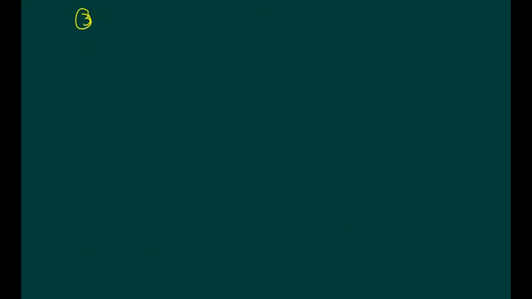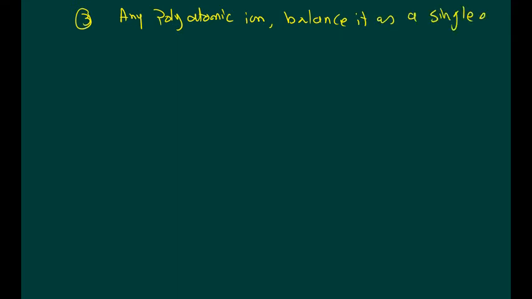Third, balance as single units any polyatomic ions that appear on both sides. So any polyatomic ion, balance it as a single unit or a single atom. So if I have, for example, 2NO3, what will I say? I will say I have 2 ions of nitrate.